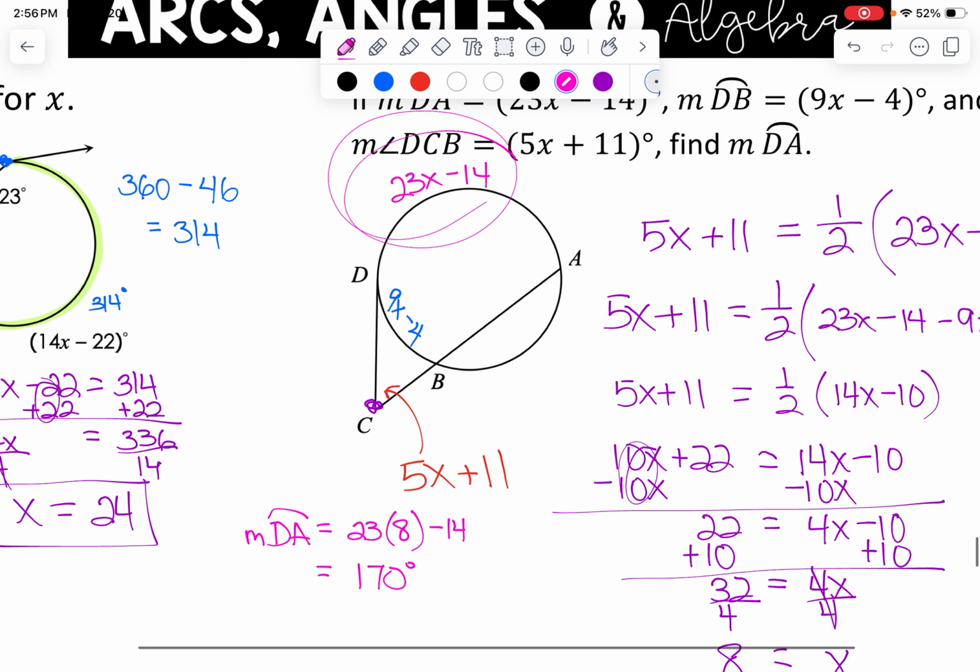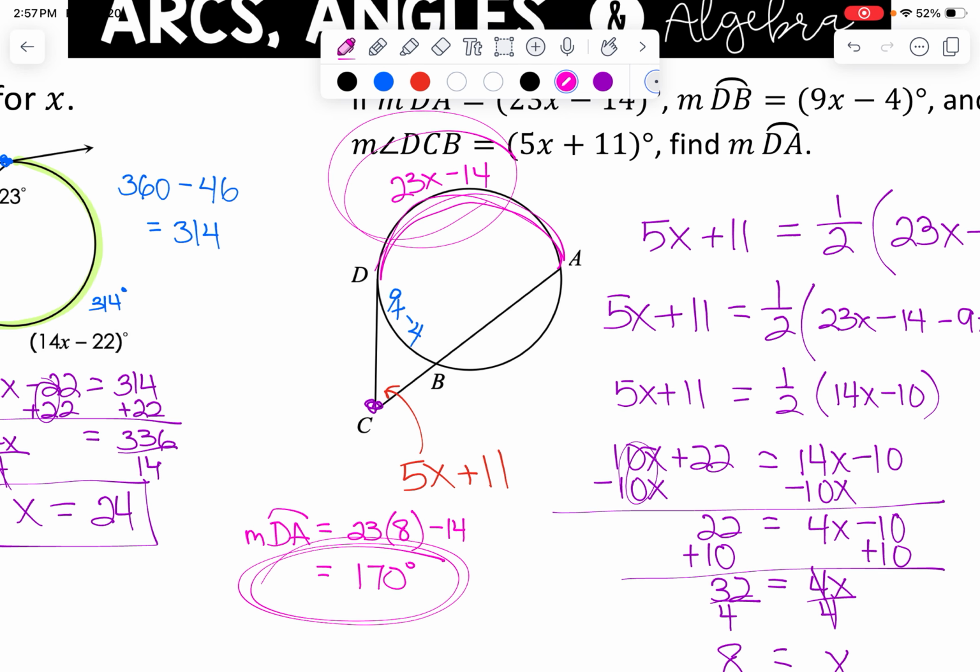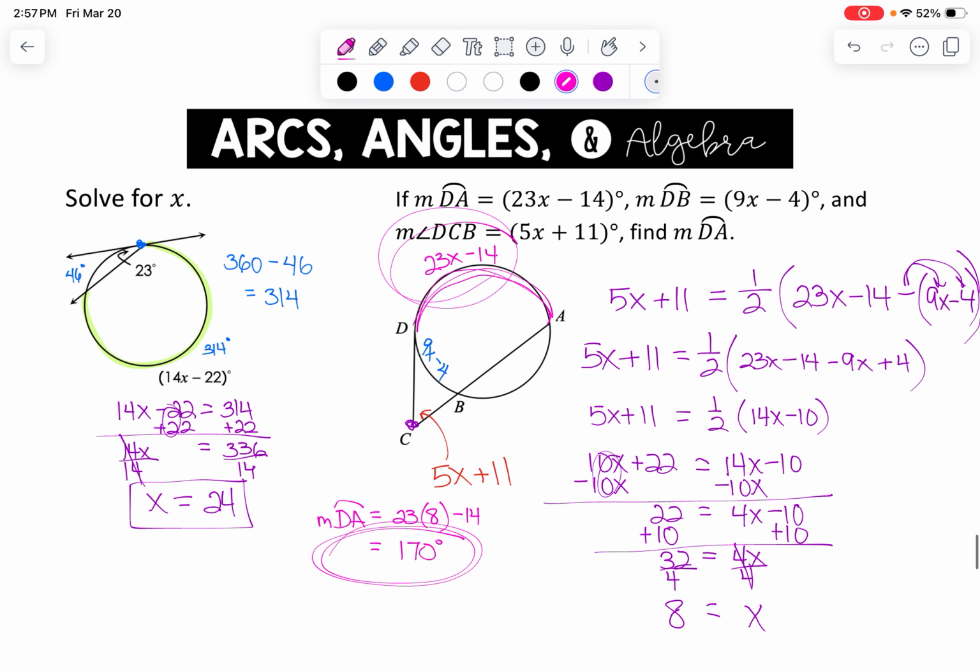So the measure of this arc right here is 170 degrees. That's our answer.